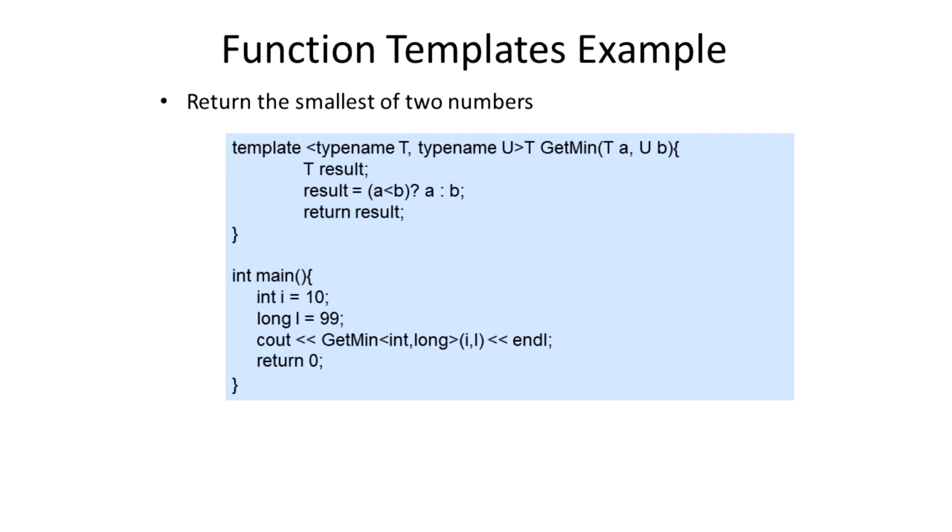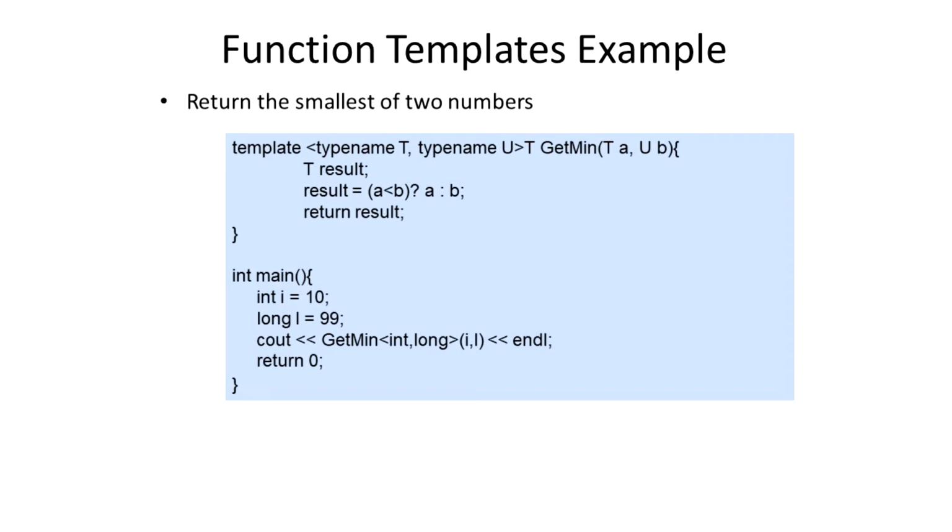And importantly, notice there that in the angle brackets, we specify that the first type will be int. So that first type, int, will be substituted for all the references to T, typename T, because it matches with the first generic type declared within the angle brackets of the function. And then the second type, long, will replace all the references to U within the function.